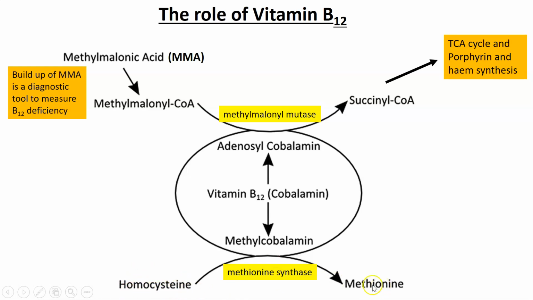The interesting thing about methionine is that it's an amino acid. It's one of those essential amino acids, one that your body can't make itself. It needs to be received from the diet. It's also the amino acid that marks the starting point of a protein.